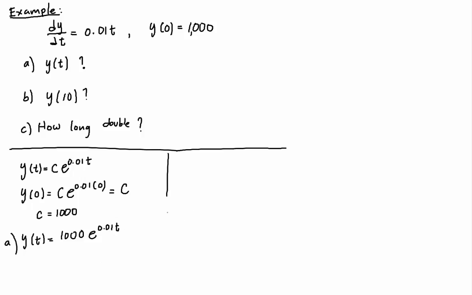Now for part B, let me continue up here. You want to find y at 10, but now I have an expression for y, and it would be 1,000 times e to the 0.01 times 10, which is going to give you 1105 roughly.